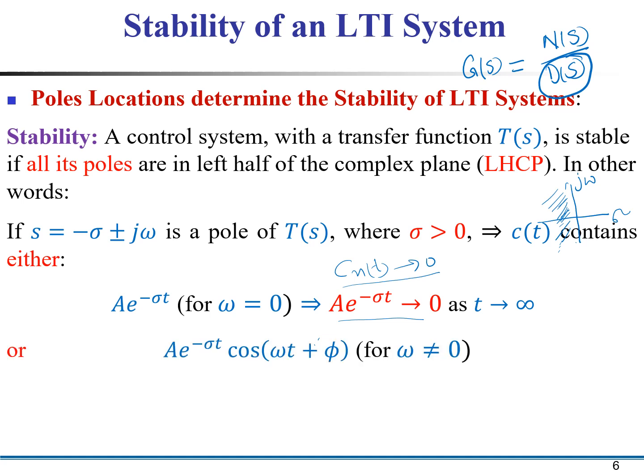Similarly, if there is a frequency part or complex part, this means the system is, suppose, an underdamped system as you studied in chapter number 4, then the inverse Laplace transform of the system will become something like this. And again, if sigma over here is positive, it will approach 0.